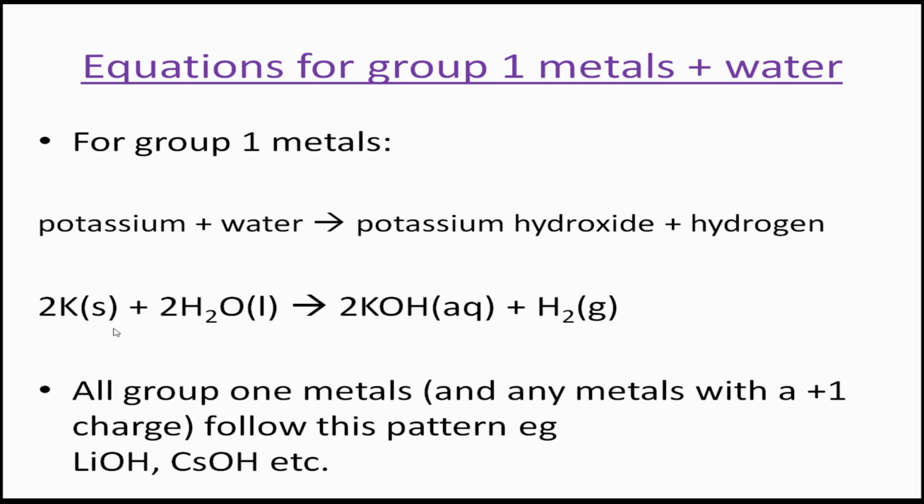All of the group 1 metals, and indeed any metal that's got a +1 charge, will follow the same pattern, where you can just swap the potassium out for, say, lithium and have 2 Li plus 2 H2O makes 2 LiOH plus H2, just like we've got here. Cs for cesium, Rb for rubidium, etc., etc.